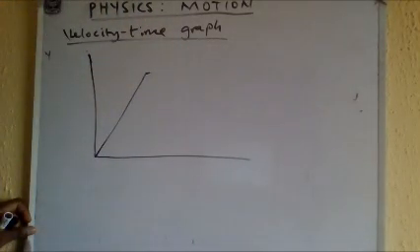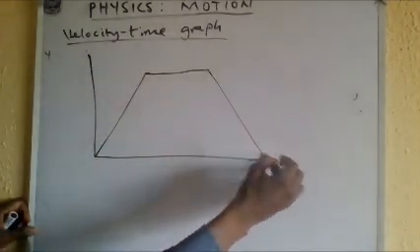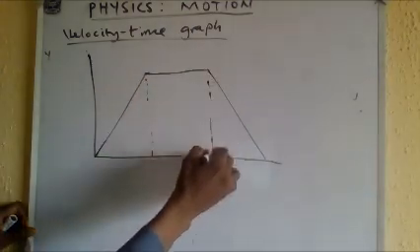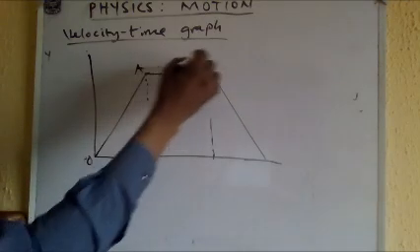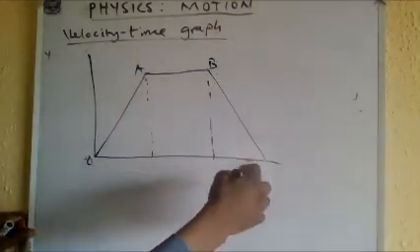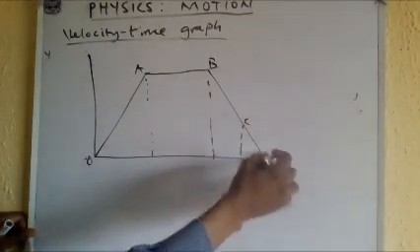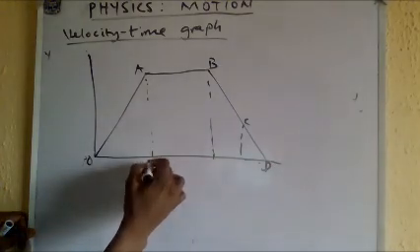So it's like this, then like this. So if this is O, A, B, let me put C, let me put D, let me put P and Q.